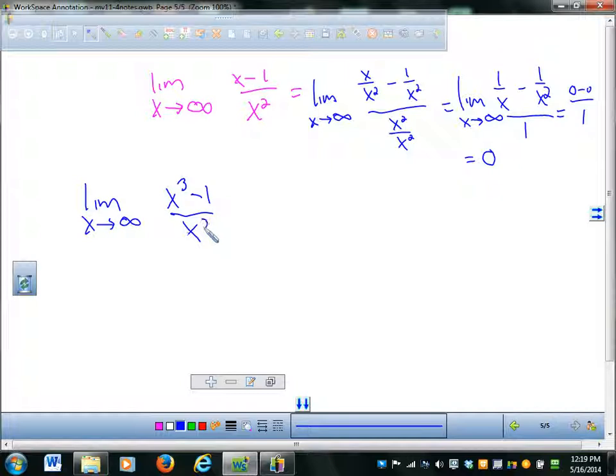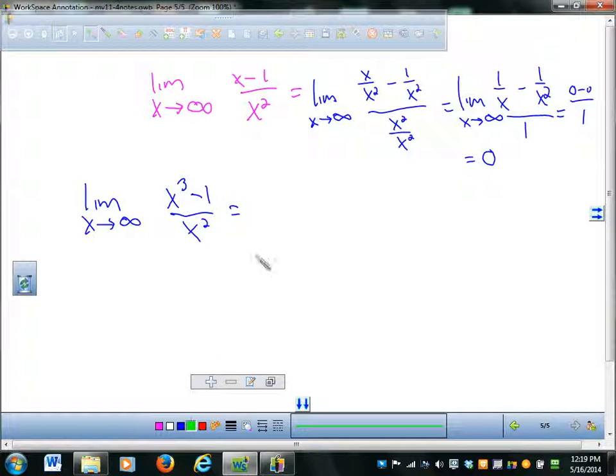And you say, uh-oh, here comes this hard problem where I have to factor something, right? You don't have to factor anything. All you have to do is divide by the highest power of x. What's the highest power of x? No, it's not 2. The highest power is cubed.